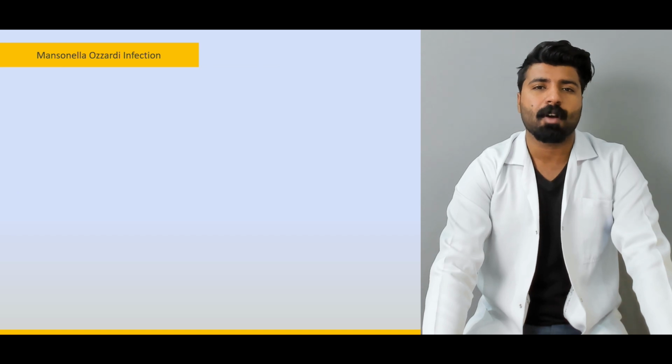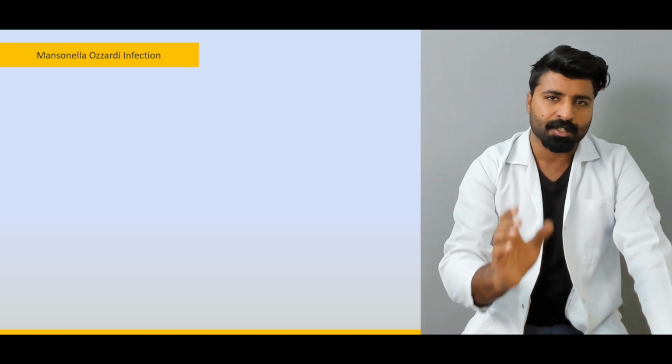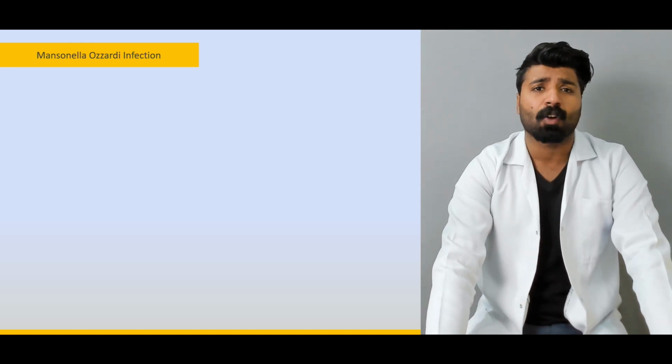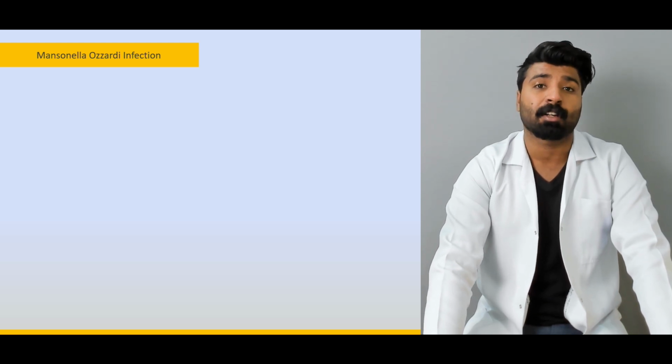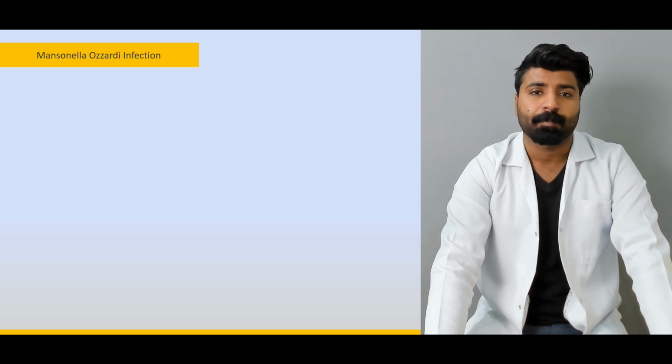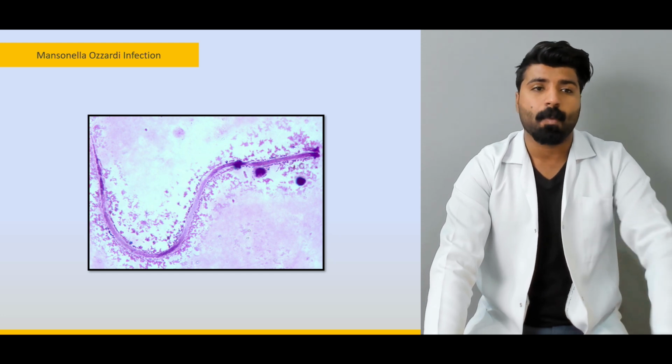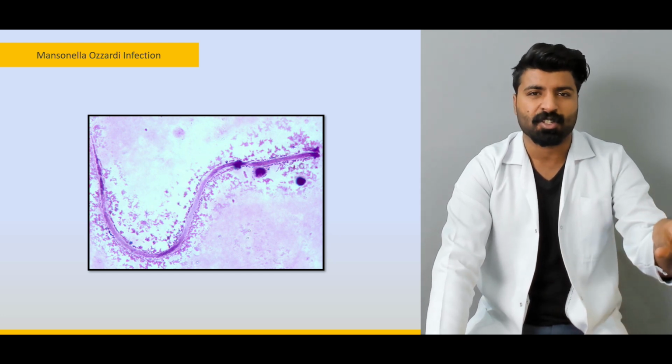Next on, let's talk about Mansonella ozzardi infection. Looks like they're brother and sister, but they're not. They have rather difficult and different consequences, pathologically based and clinically based, and their clinical symptoms are very different from one another. So what is common is their life cycle. Life cycle is common for all these filarial infections we have just talked about.